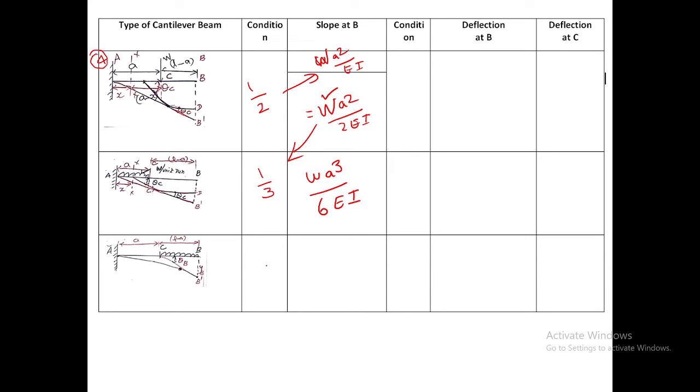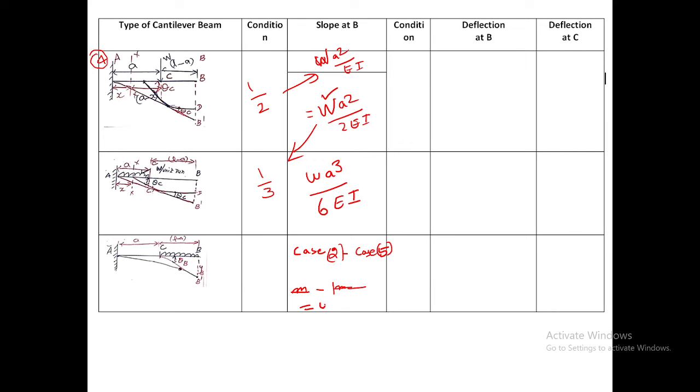Here the condition is case 2 minus case 5. Case 2 is the uniformly distributed load, minus the other; both are minus.